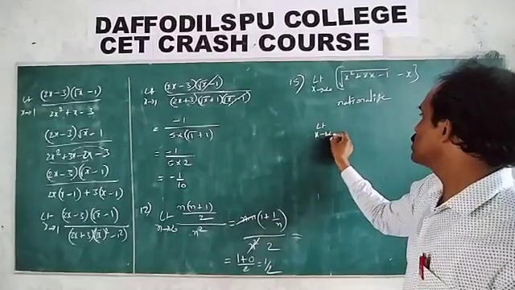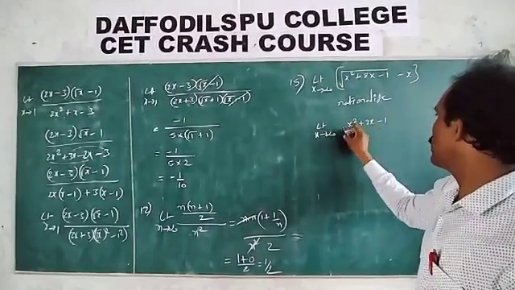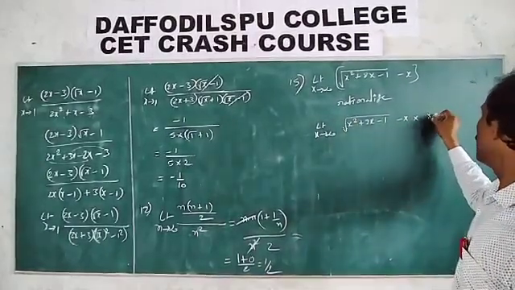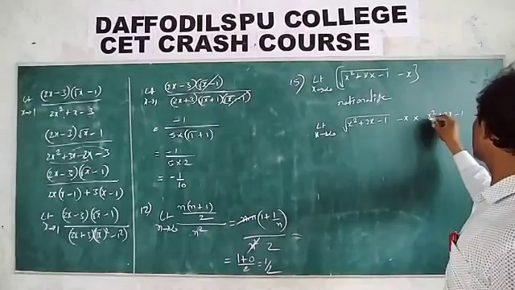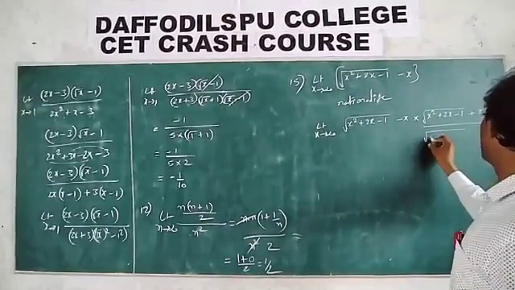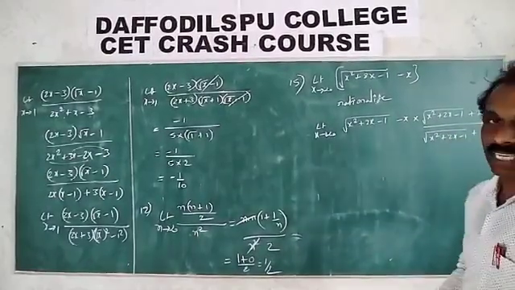Limit x tends to infinity, root of x square plus 2x minus 1 minus x, rationalization: multiply by root of x square plus 2x minus 1 plus x divided by root of x square plus 2x minus 1 plus x.